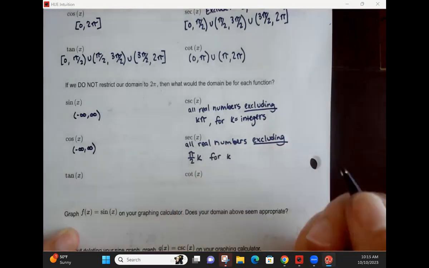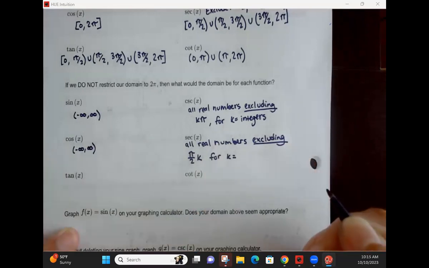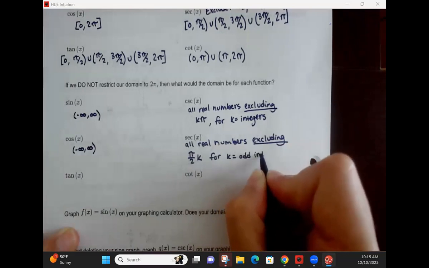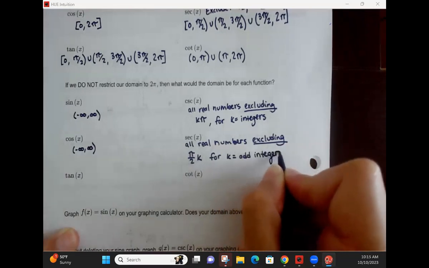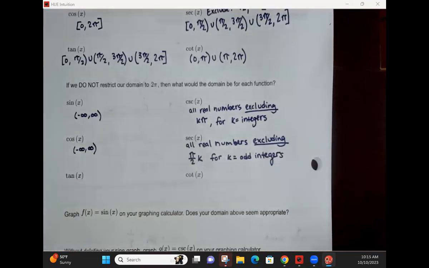But this time I have to be a little bit more specific. K can be any odd integer. Why couldn't it be an even integer? Why did I have to restrict it to odd integers?